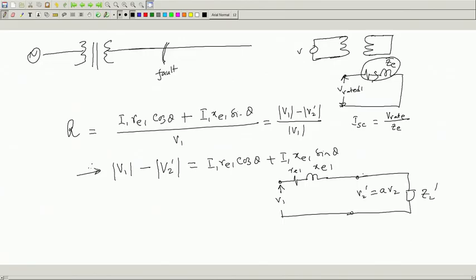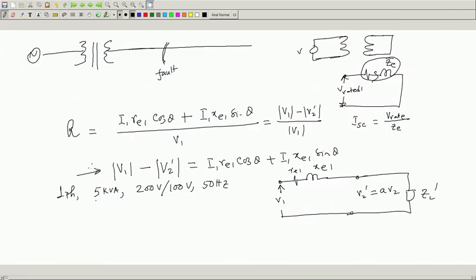Therefore, from this formula, suppose I pose the problem in this way. Suppose you have a transformer, say 5 kVA, 200 volt to 100 volt, 50 hertz, single phase transformer.